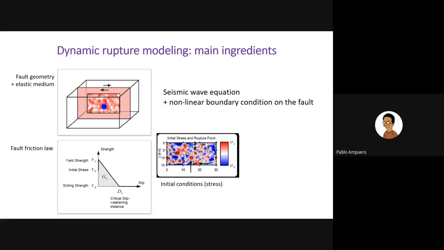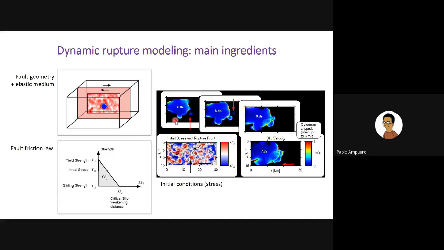So once we do that, we end up with results like in the movie I showed before, and here are four snapshots of a movie like that. We are looking into the fault plane at four different times, and all this process of rupture happens in a few seconds. And the rupture expands over the fault at speeds that are on the order of several kilometers per second.